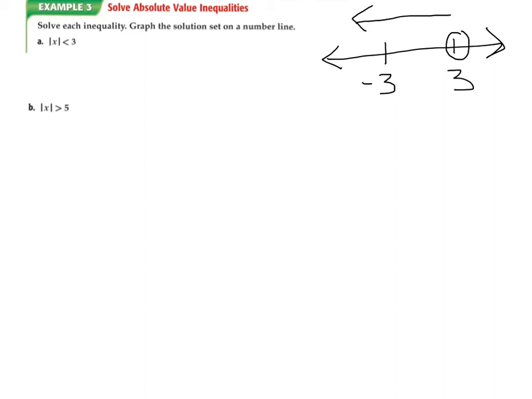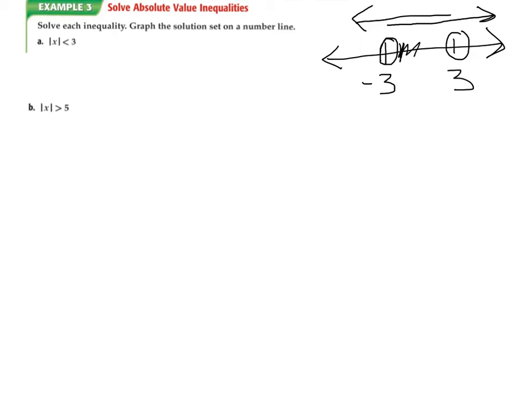because it's less than. Now, an interesting characteristic about the absolute values is that they're either going to be shaded in the middle or on the outsides. So here, we're also going to keep an open circle on the negative 3, and we're going to shade over here to the right. We know that the value has to be somewhere in the middle.